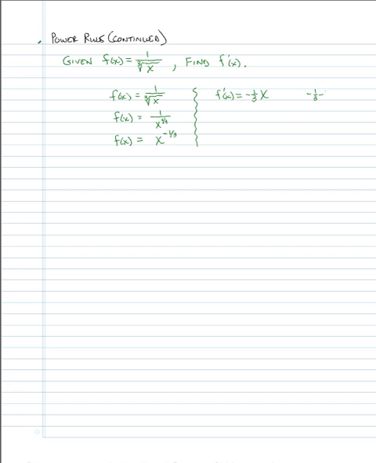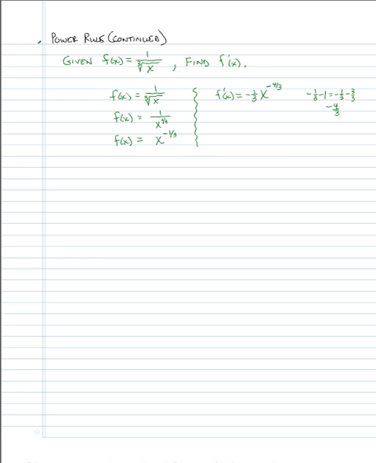And that'll be negative 1/3 subtract 1, which is negative 1/3 subtract 3 over 3, which is negative 4/3. Is that what we would get? Negative 4/3? I believe so. Double check me? I believe so. So our new exponent is negative 4/3.